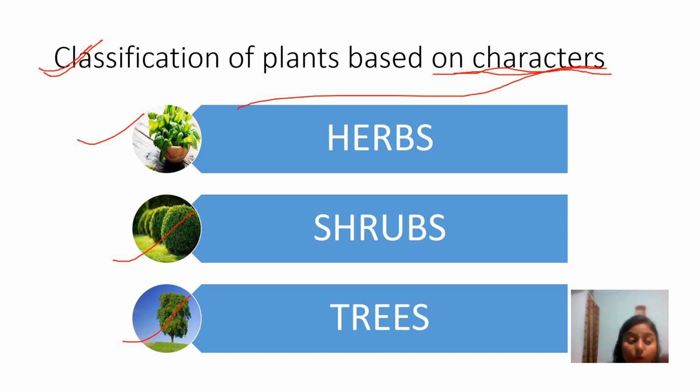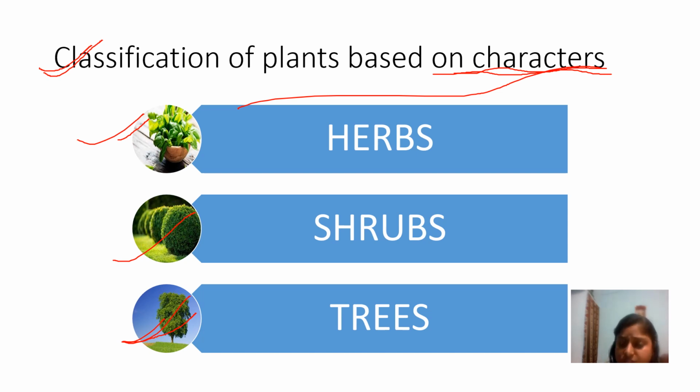And we all know that. We all see trees and are very familiar with them. Now see what is an herb. Herbs are plants with a green and tender stem, which means their stem is very soft.